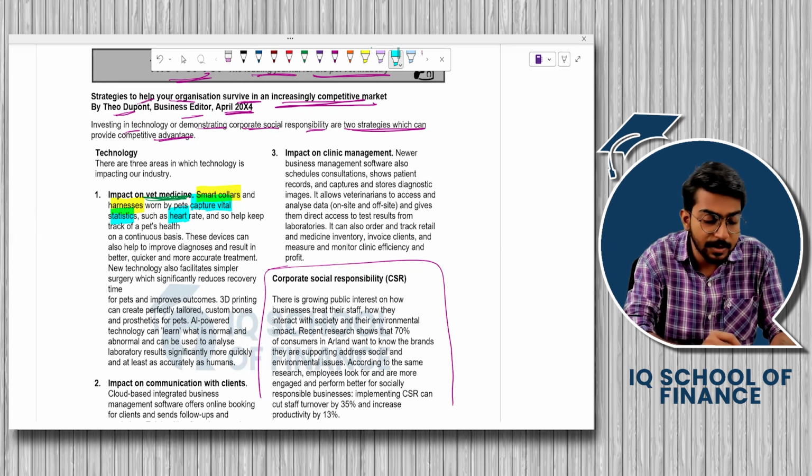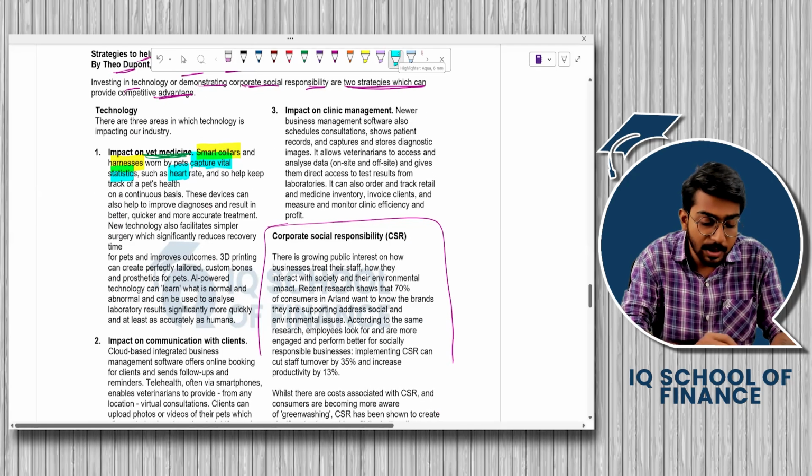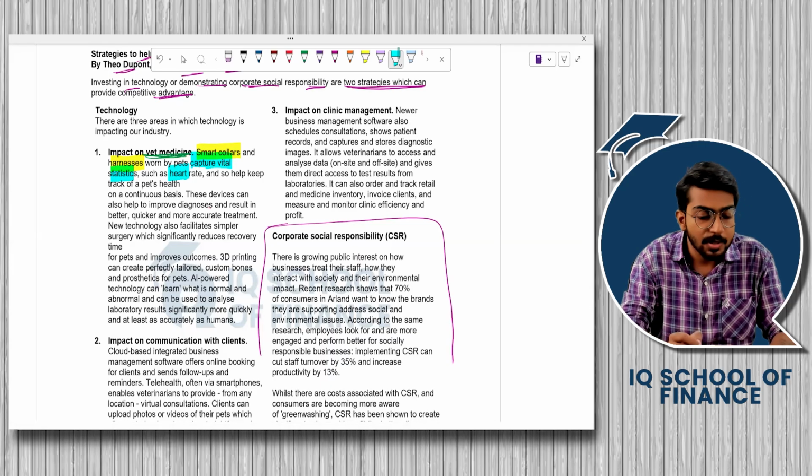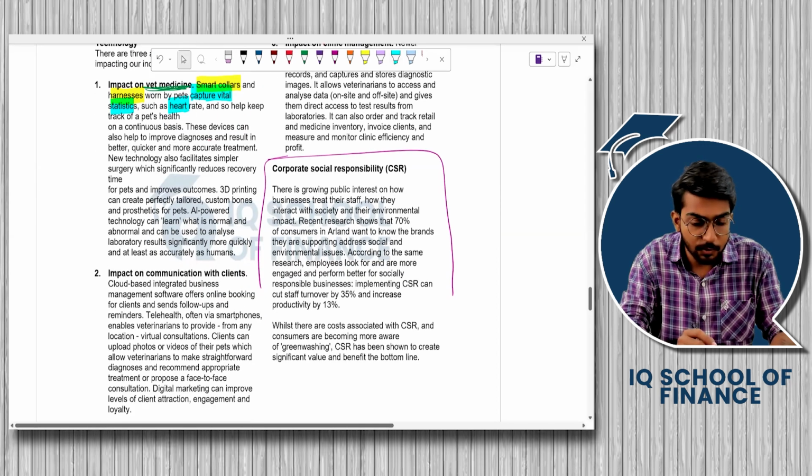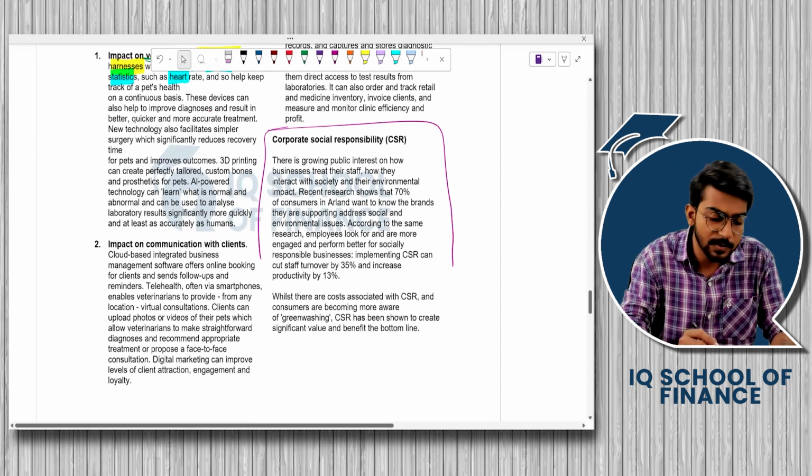New technology also facilitates simple surgery, which significantly reduces recovery time for pets and improves outcomes. 3D printing can create perfectly tailored, customized bones and prosthetics for pets. AI-powered technology can learn what is normal and abnormal and can be used to analyze laboratory results significantly more quickly and at least as accurately as humans. So I cannot see more than one issue here right now from the exhibit. I hope you guys have also noticed it, and we will discuss it obviously.